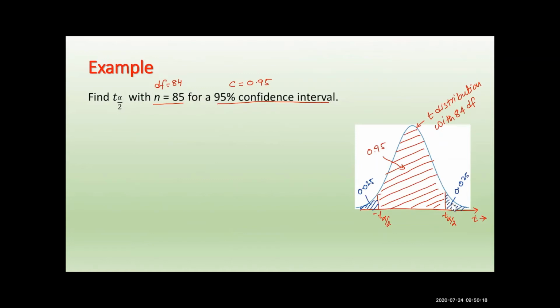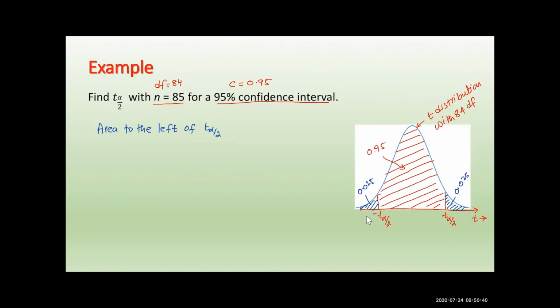Now we have the area. Let's find the area to the left of T alpha over 2. The total area to the left of T alpha over 2 is 0.95 plus 0.025, or 95% plus 2.5%.